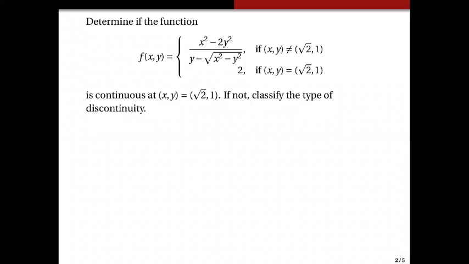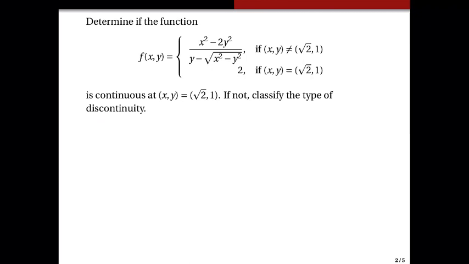So our piecewise function f is defined as x squared minus 2y squared all over y minus square root of x squared minus y squared if the point (x, y) is not (square root of 2, 1). Otherwise, if we are looking at the point (x, y) equals (square root of 2, 1), the value of the function f is equal to 2.